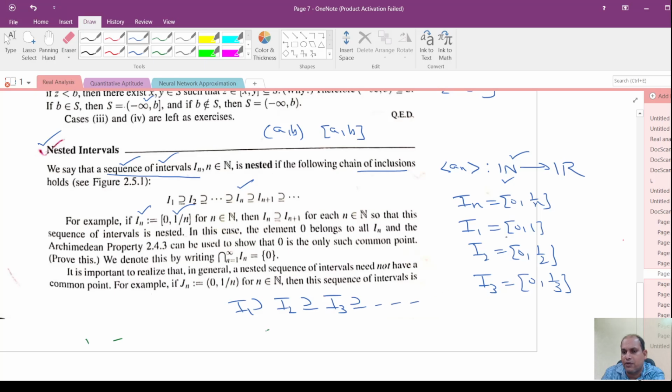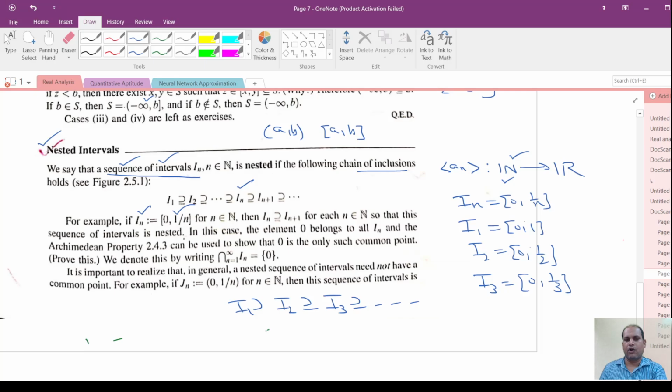Why? Because every real number from 0 to half is also a member of the set I1. So this is the reason we have set containment. If we have such a sequence of set containment, we will call it a sequence of nested intervals.